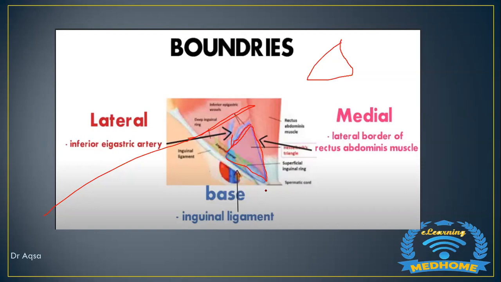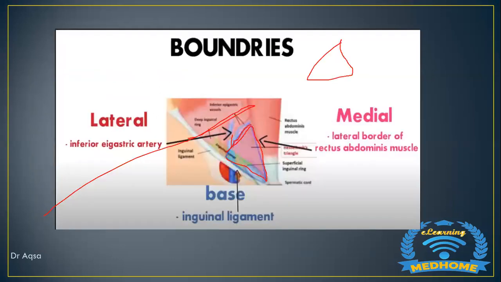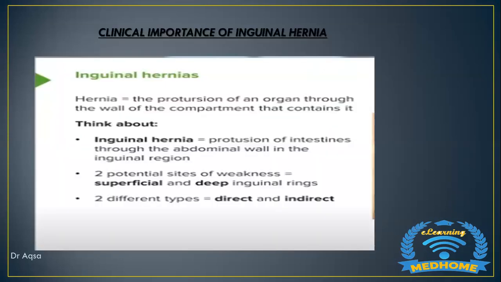Now, what is the importance of this triangle? Why am I discussing it here? Because it's a very important site for direct inguinal hernia. Most direct inguinal hernias occur at this place. That is why we have to know the boundaries and location of the Hesselbach triangle.